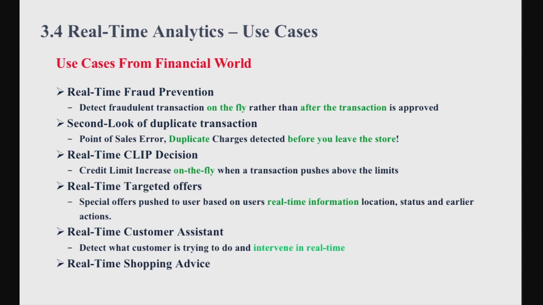Another example is the real-time credit line increase. Some of you might have experienced this. If you go to a store and try to buy a large ticket item, you may not remember exactly how much credit limit you currently have and how much is used up for that month. So it's possible that it goes over your current credit limit. The way it currently happens is that if it goes above the limit, the transaction is denied, obviously, because that's how it's set up.